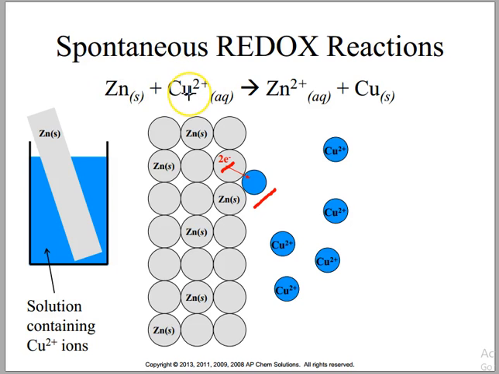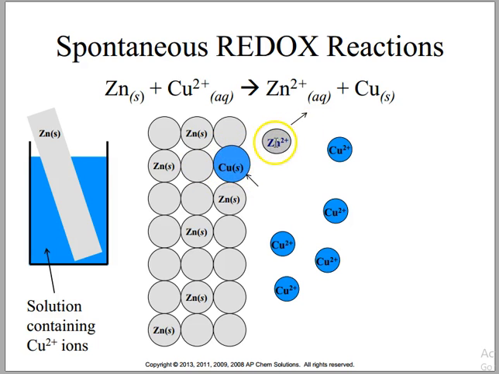The copper cation is reduced because it gains electrons. Reduction is the gain of electrons. So the copper ion is reduced to copper, and the solid zinc is oxidized. It loses those electrons. Then copper solid will replace the zinc, and now we have zinc ions in a solution.